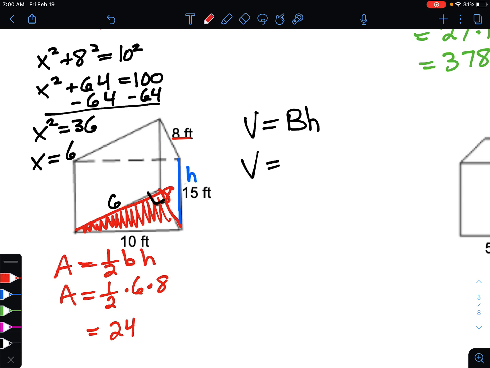So the area for our base that we just found was 24 multiplied by our height, which we already knew was 15. And when we simplify that, we'll come up with our volume being equal to 360 feet squared. Well, feet cubed. Let me correct myself there. Feet cubed is what we should have had for our final answer.